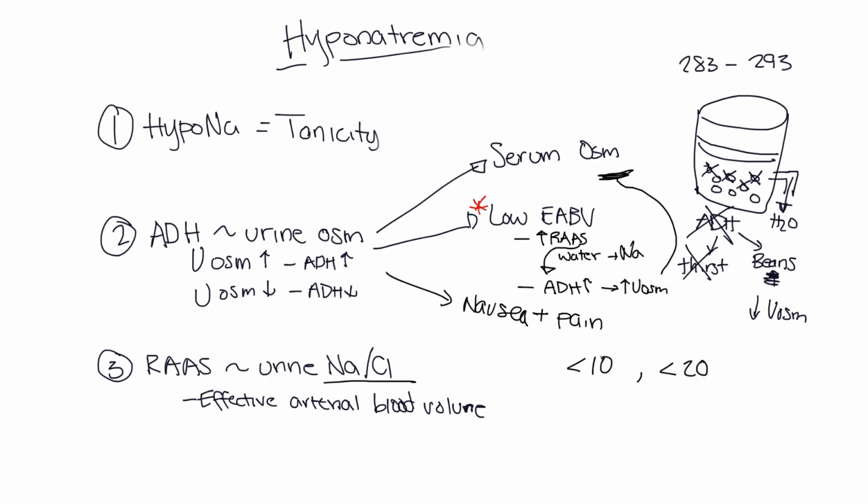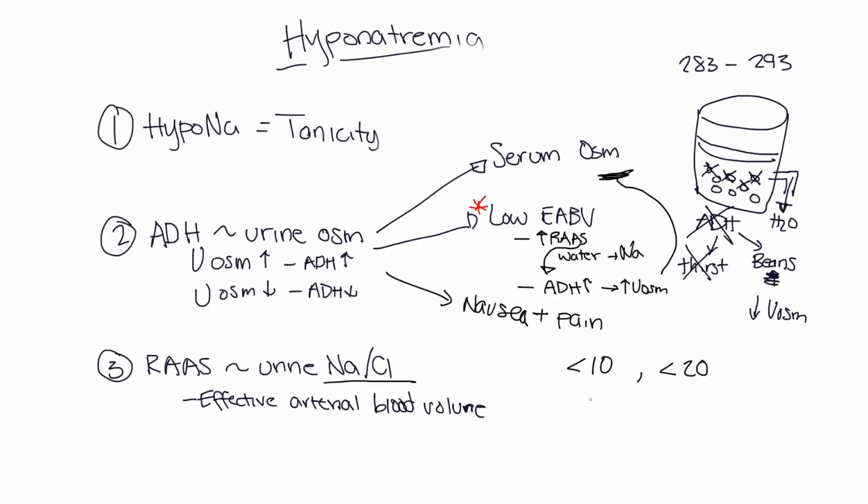But I really want us to urge thinking that the kidneys are very, very capable of retaining sodium, and so if we get a state where our urine sodium is detectable, you should think that RAS is not as maximally active as we hope, and we should look for a different trigger for hyponatremia.